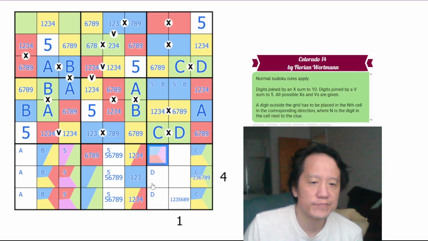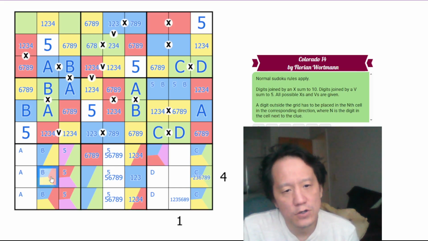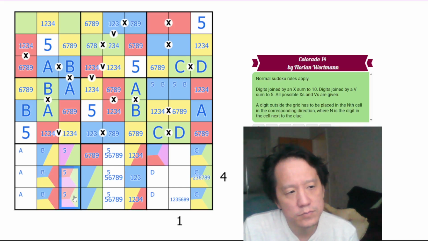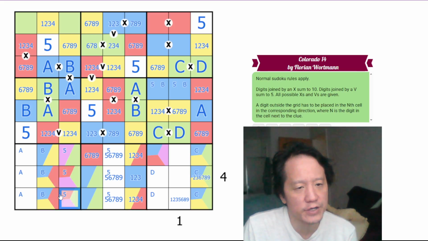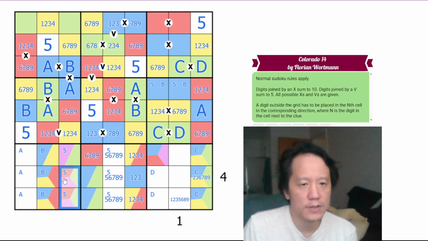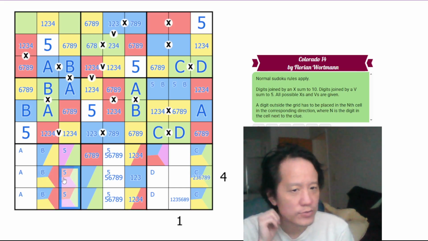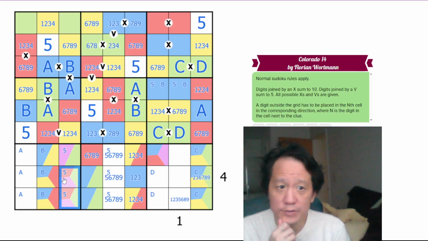Oh, interesting. So we have a high red here and a low red here. So they have to be opposite each other, right? They can't be orthogonally adjacent to each other or sharing an edge. What does that mean? Not really sure.